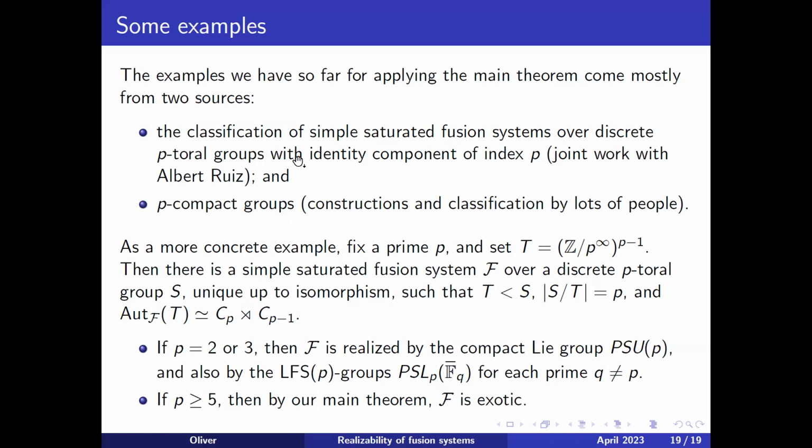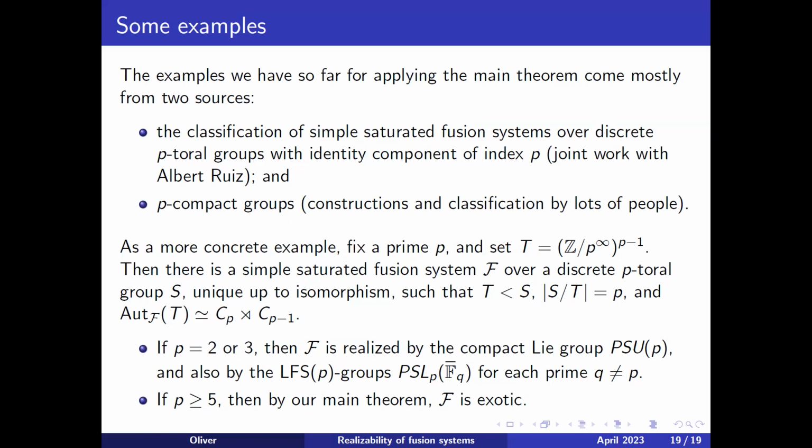And then the statement is that there is a simple saturated fusion system over a discrete p-toral group S, the fusion system unique up to isomorphism, such that S contains T with index p, and such that the automizer of T, Aut_F(T), is C_p cross semi-direct product C_{p-1}.